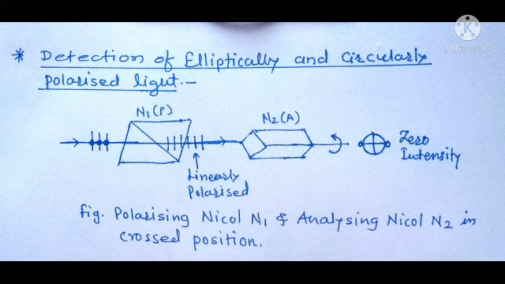In the previous lecture, we learned the production of elliptically and circularly polarized light, using a quarter wave plate and half wave plate.